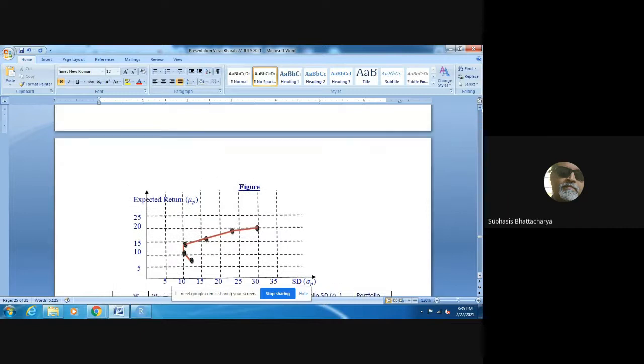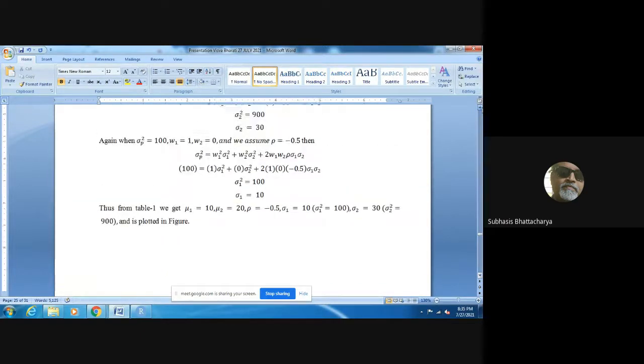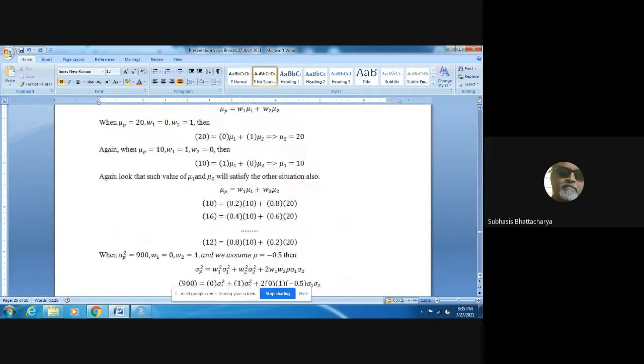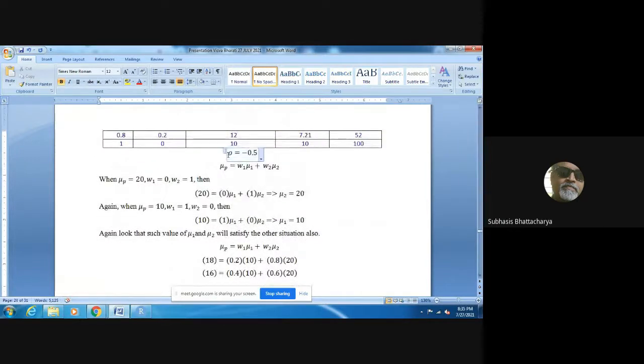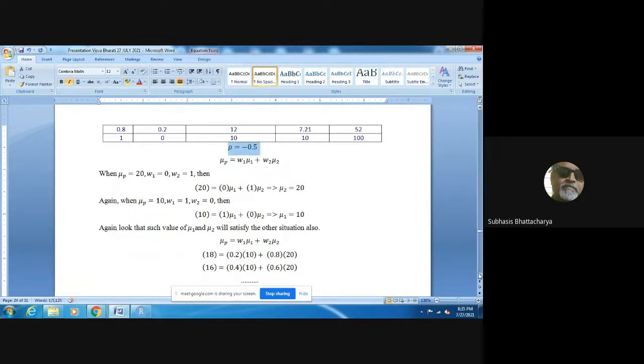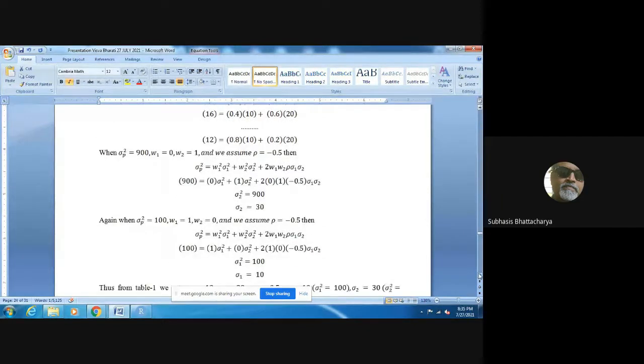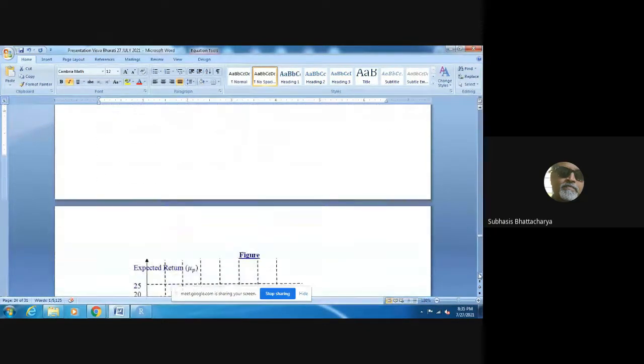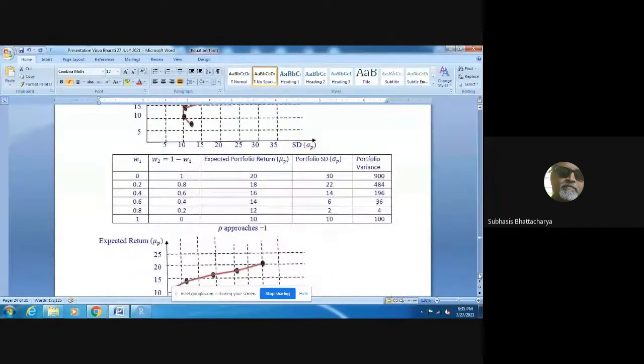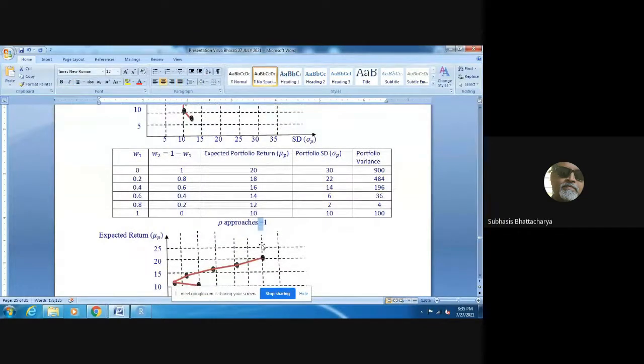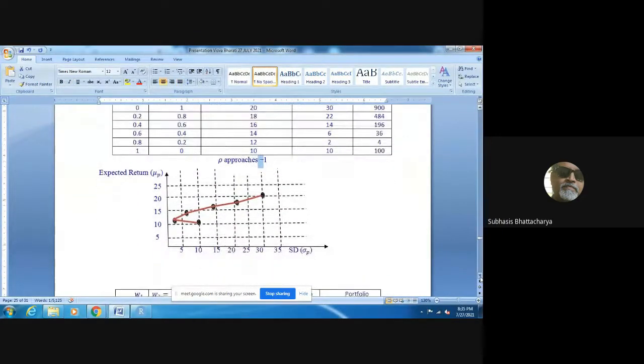I just changed the correlation between the assets, which was -0.5, and now I change it to -1. The figure looks like this. Again calculating, the figure is shifted in the upward direction, left upward.